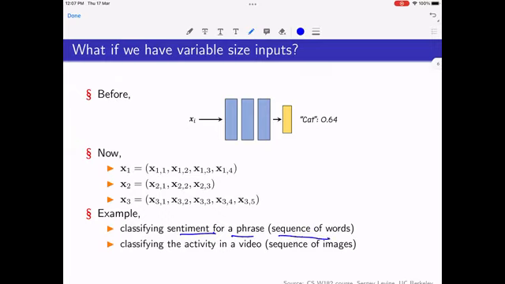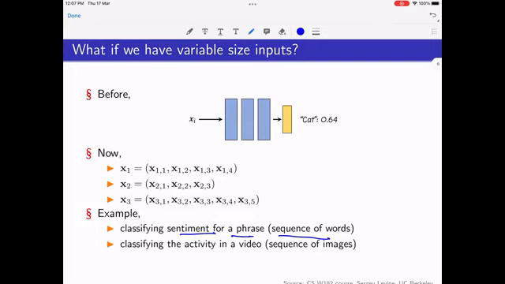It may be one sentence or a phrase, and you have to say whether it is a positive sentiment or negative sentiment, or even more fine-grained ones, like it's a sad one, or more or less neutral, or a happy one, or laughable, etc. So these are classifying sentences.